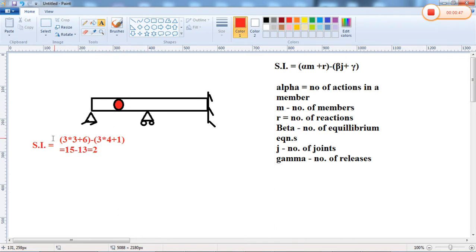So the static indeterminacy of this would be alpha, the number of actions, which is 3, into the number of members, there are 3 here, plus the number of reactions, there are 6, minus beta, the number of equilibrium equations, which is 3, into J, the number of joints, there are 4, plus the number of releases. Now for one internal hinge, the number of releases is 1, so this comes to be 2.